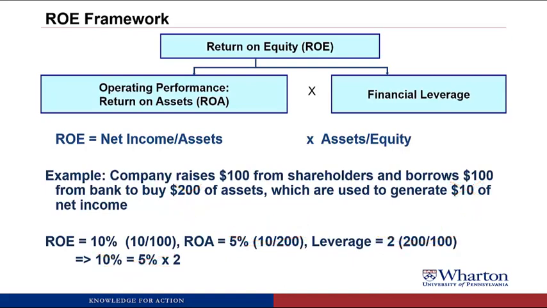Or let's say that we keep leverage at 2, but we find a way to operate the business more efficiently to get the performance, or the ROA, up to 10%. Then 10% ROA times a leverage of 2 would give us an ROE of 20%. So either operating performance or leverage can get you to a high ROE.